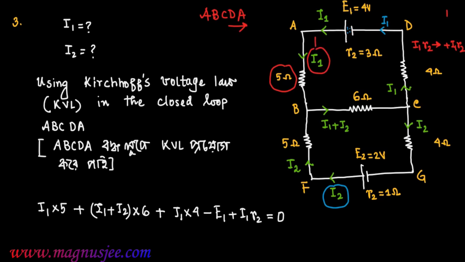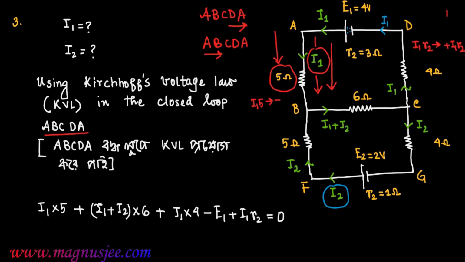And now across the 5 ohm resistor, current I1 is flowing from A to B, and we are also traveling from A to B. The name of the loop is ABCDA and we are traveling along AB, and current I1 is also flowing through the 5 ohm resistor in the same direction.